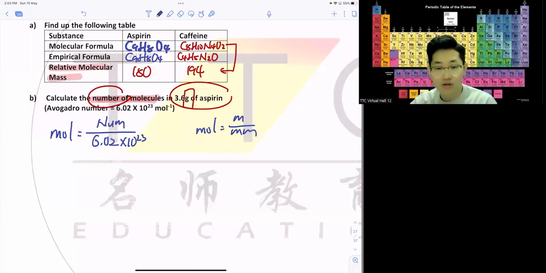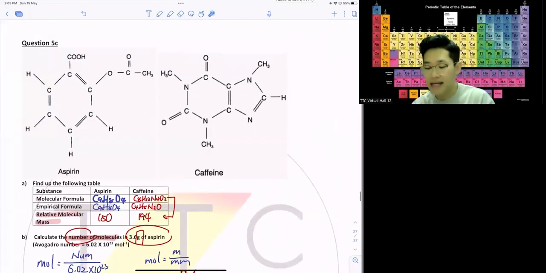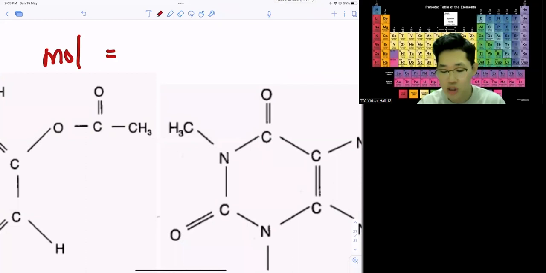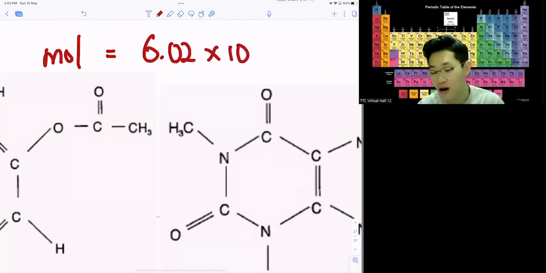What is Avogadro? Avogadro's constant. Okay, basically, just now I have told you that mole is equals to 6.02 times 10 to the power of 23.